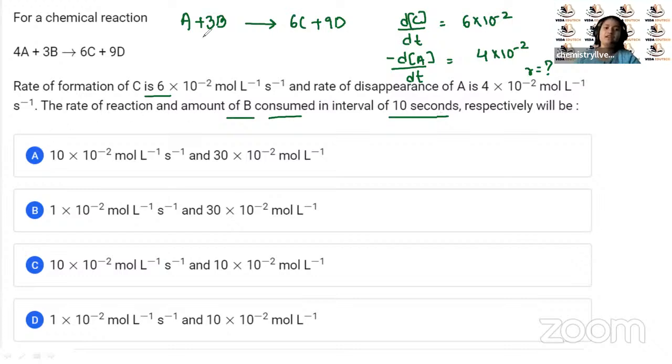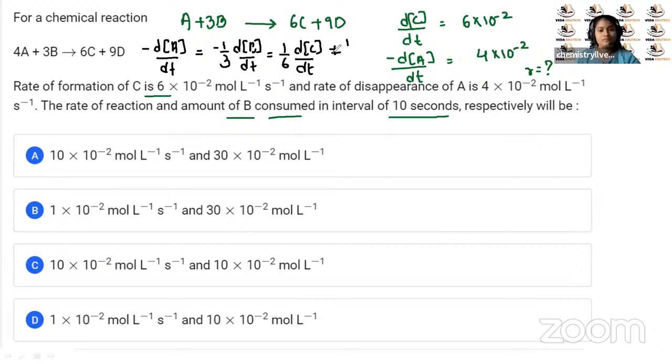So we'll write the general rate. Yes, this is the general rate of a reaction.